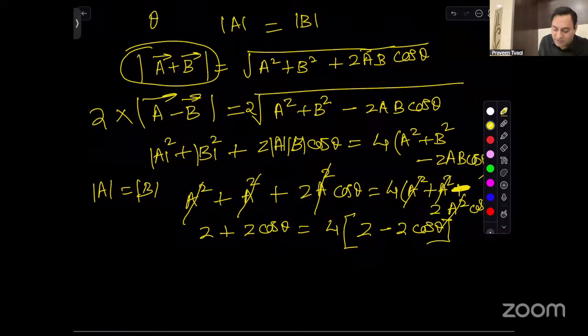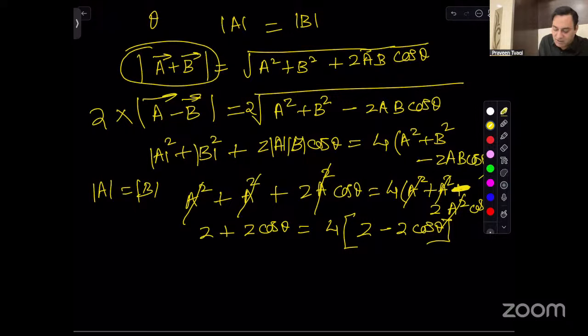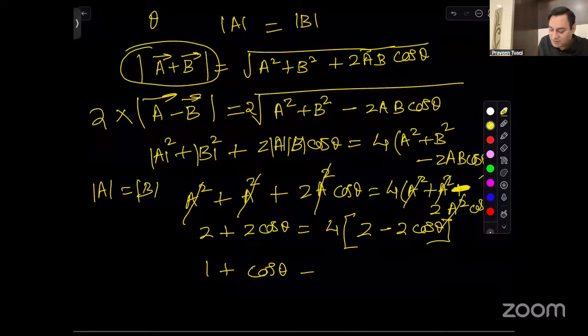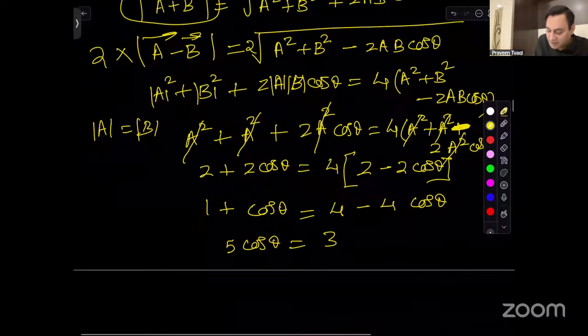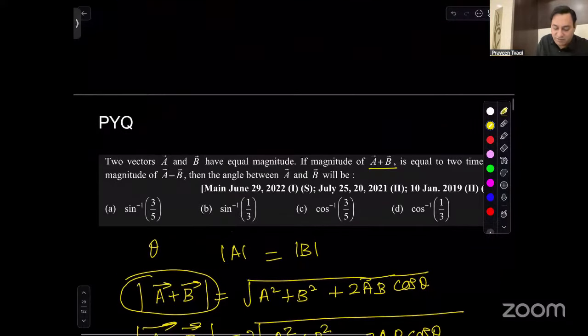I think 2 will get cancelled. 1 plus cos theta is equal to, I'm just doing the calculation, 4 minus 4 cos theta. This will be 5 cos theta is equal to 3. So cos theta will be equal to 3 by 5. And the answer will be cos inverse 3 by 5. So C is the answer.